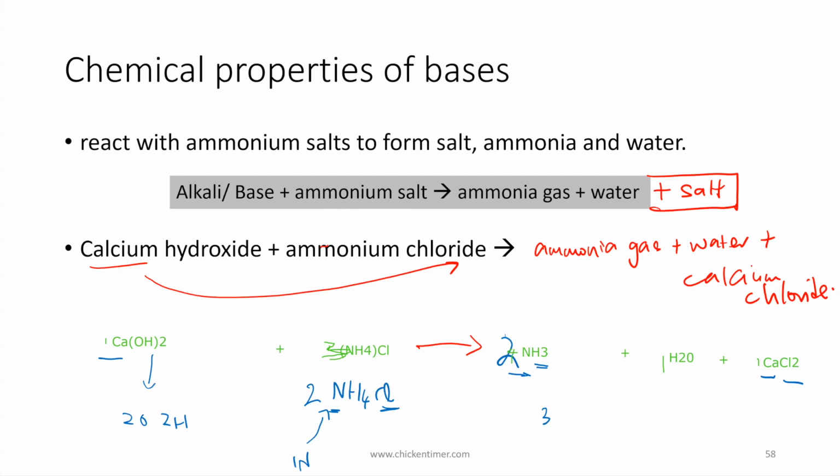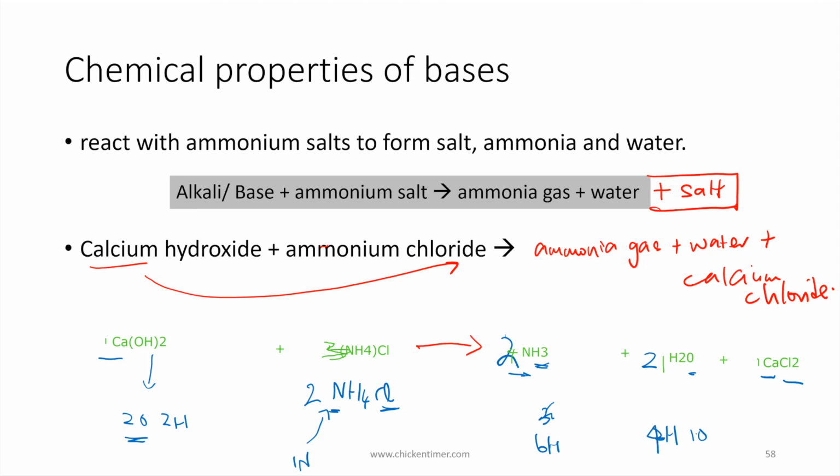There's a 2 outside, so that means 6 hydrogen here, and 2 hydrogen here, and 1 oxygen here. But clearly I have 2 oxygen here, so I need to put a 2 here to balance the oxygen.